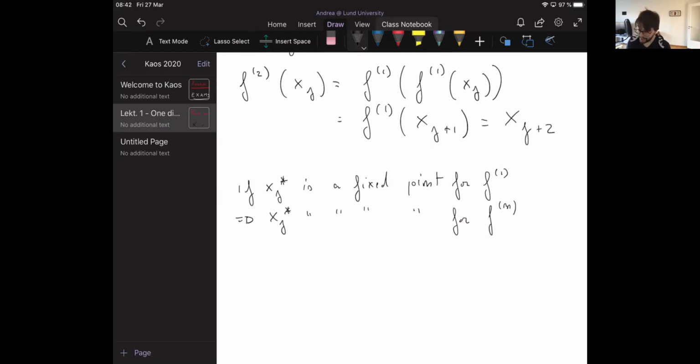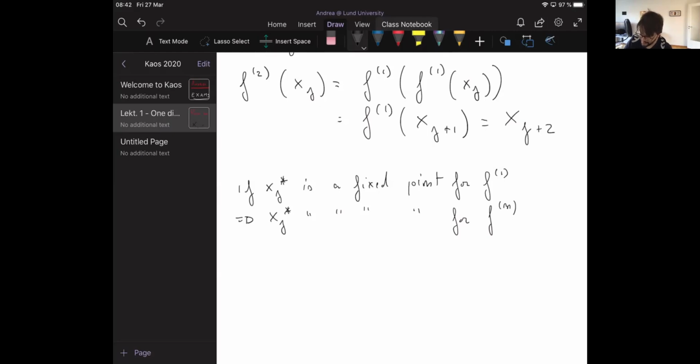Good. So if you take this definition here, you can see it mathematically if you want to be really convinced. So if you take the second return map of xj star, the given fixed point, let's keep the xj. This is equal to the first return map of the first return map of xj star, okay?